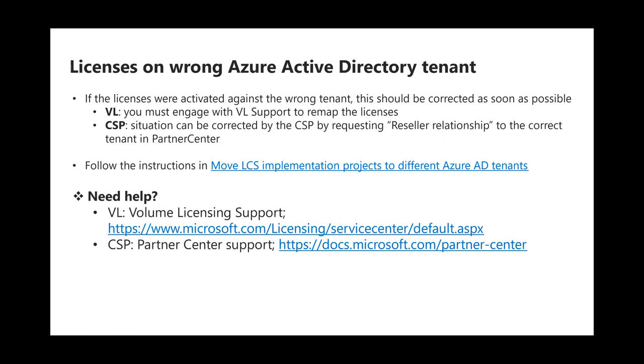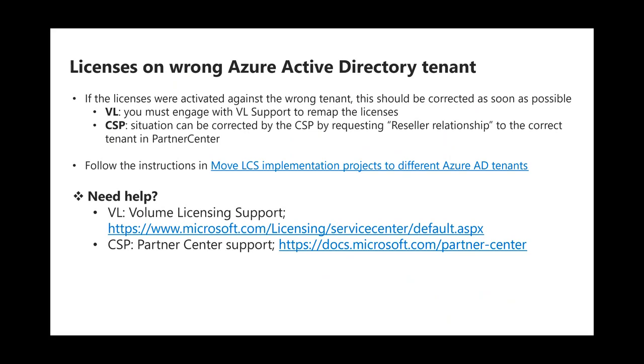What I do want to call out is you will need to have your licenses active in parallel on both tenants for the time of transition, and I would count for about 4 weeks to get all of this done. If it's volume licensing, like an enterprise agreement, you will have to talk to volume licensing support. You'll have to ask them to remap the licenses from the wrong tenant to the right tenant and to give you a grace period of a few weeks to get the transition done.